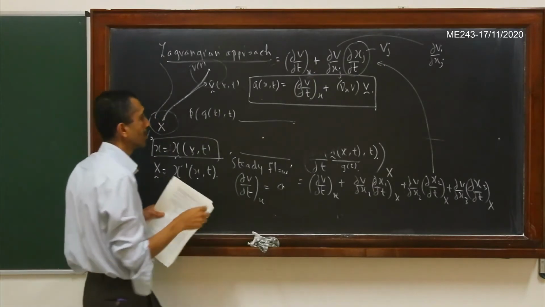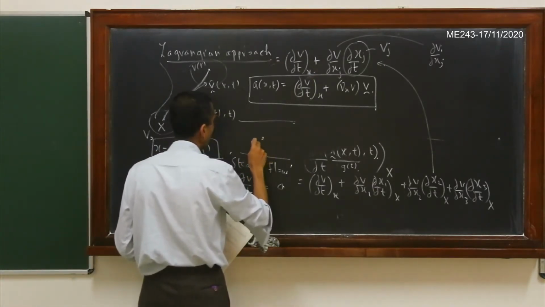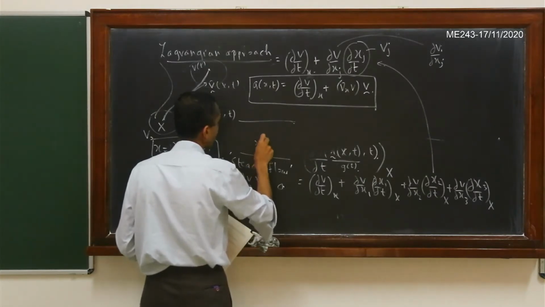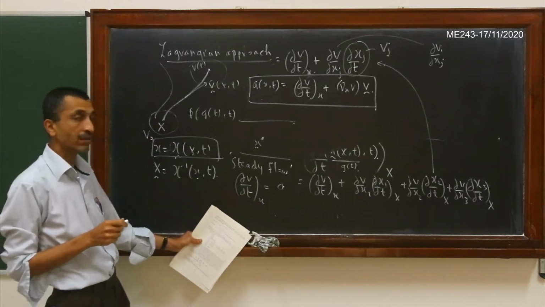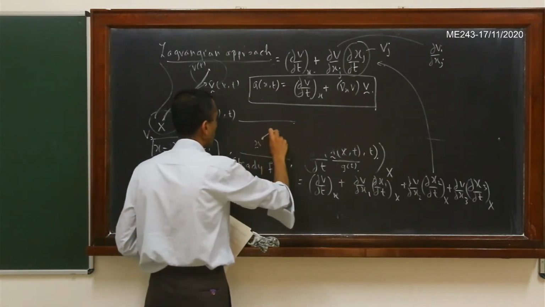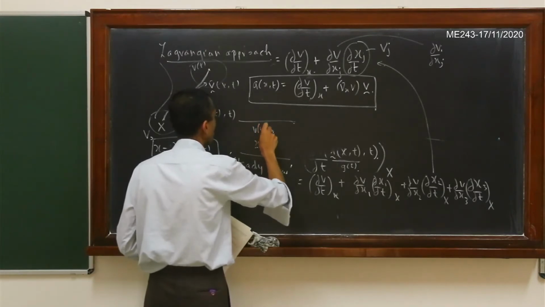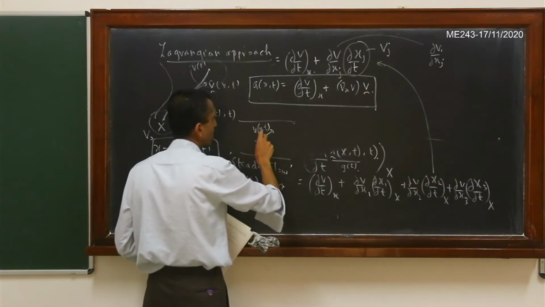That means if you look at the velocity at this particular point, suppose the position vector of this point is x, and the velocity at this point I call v of x comma t. This velocity is a function only of small x.